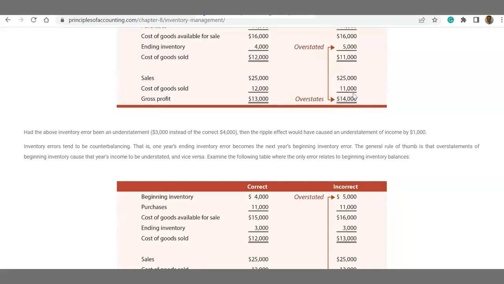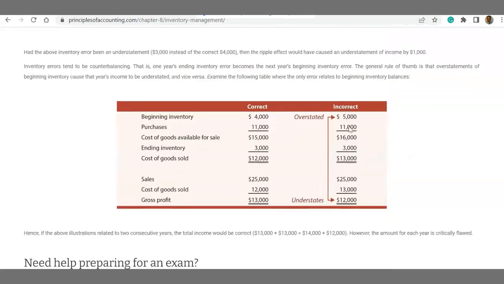Your retained earnings were overstated because of overstated income, but if you make no more mistakes, it will correct itself automatically, as long as you don't make any other mistake.